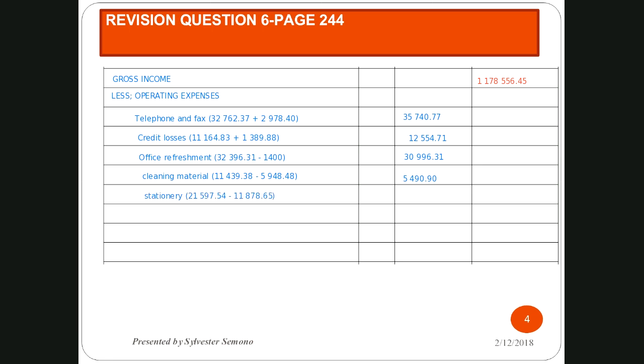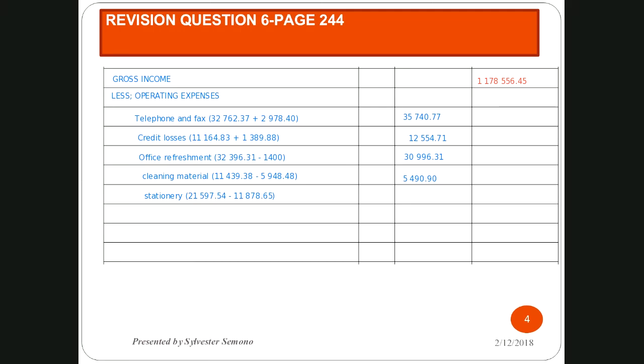Please let me calculate it, and you must also calculate it from your side, guys. Remember, you need to participate so that we can understand better. Yes, 54 minus 11,878.65, 9718.89. Thank you very much for that.